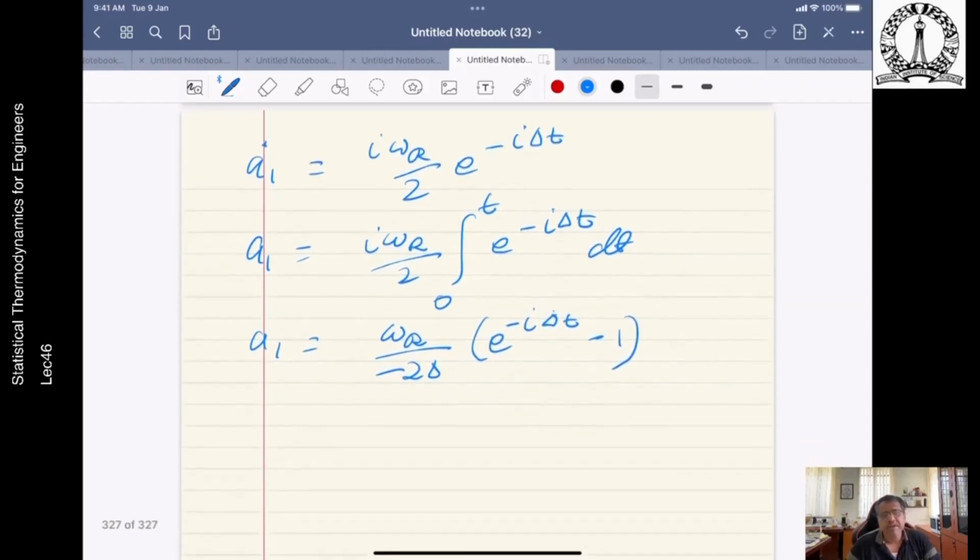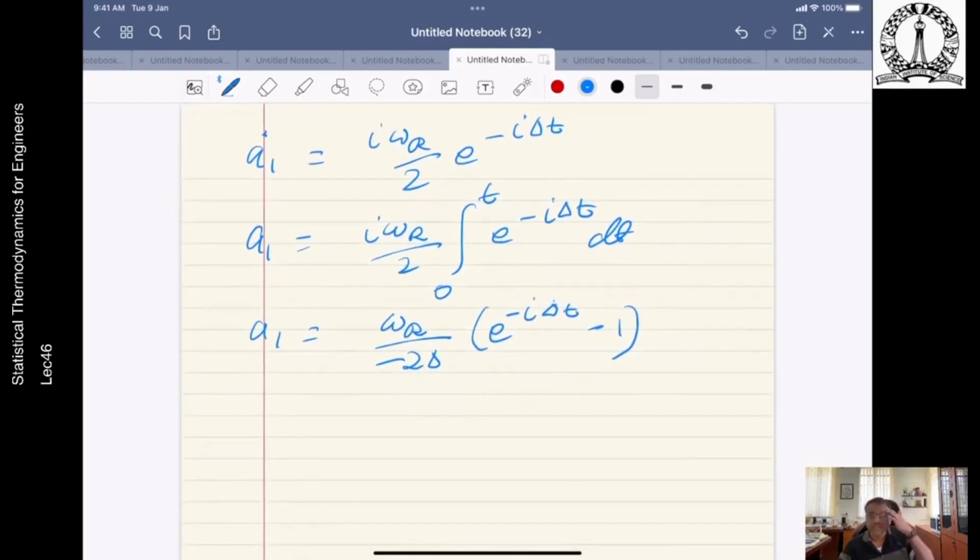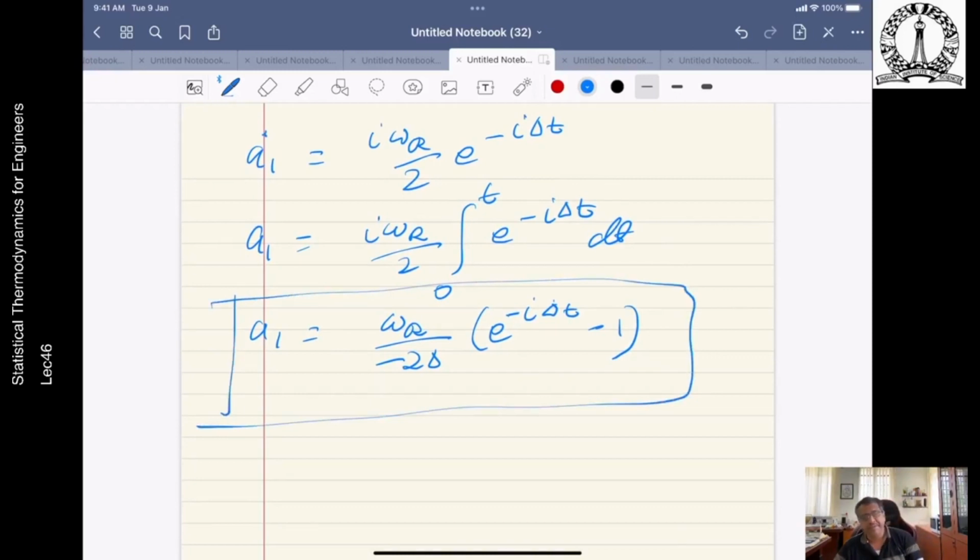The probability of finding the system in the excited state after a time t is then obtained from the equation that we have written over here.